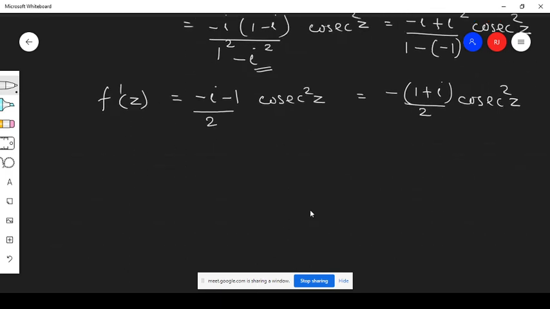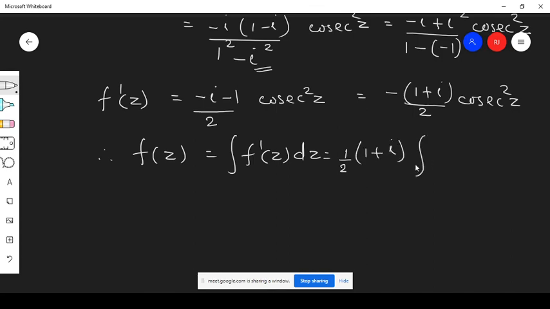Therefore f of z is equal to the integral of f dash z dz, that is the integral of minus, so this 1 by 2 into (1 plus i) is a constant, so I am taking it outside. And the integral of minus cosec square z dz.